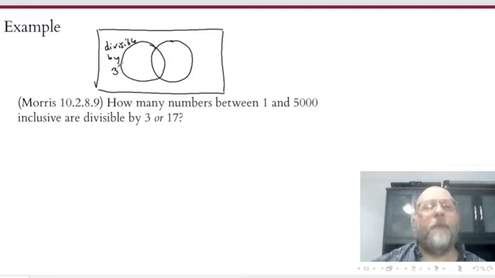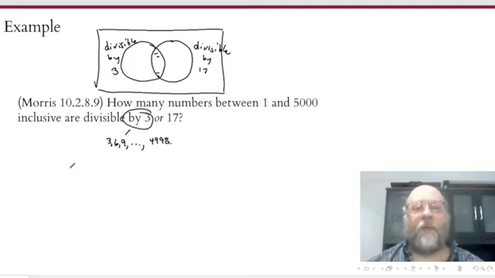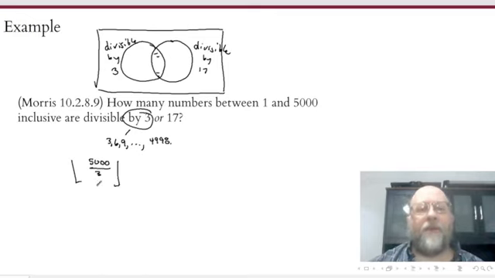The way we could count them quickly is to divide 5,000 by 3, and we're going to have a remainder because 5,000 is not divisible by 3, but we can discard the remainder, and then we would get the number. Discarding the remainder, we sometimes call that the floor function, and we notate it this way. It would be 5,000 over 3, and then take the integer that's lower than that. Drop the fraction.